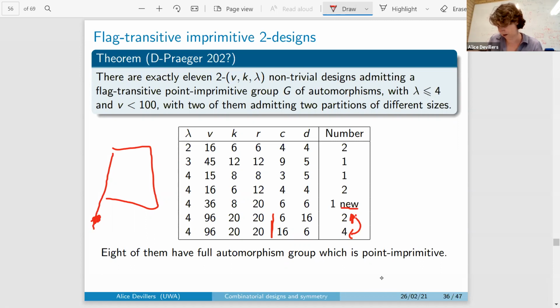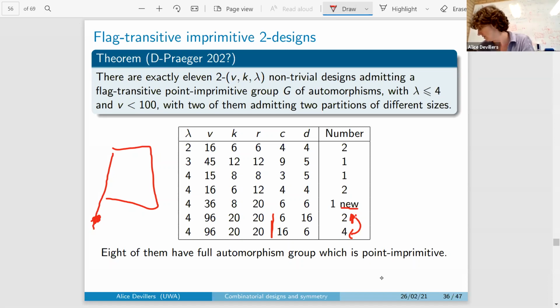So v equals 15 looks like it would be the smaller one, although they're classified by r, so r equals 7. So for the smallest ones, they're known and they're even unique, a lot of them. But even at v equals 15, you get one where there are admissible parameters, but no design.